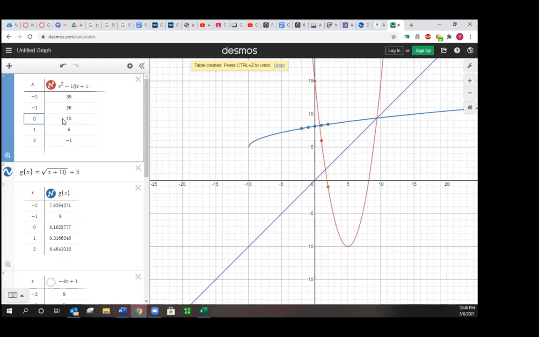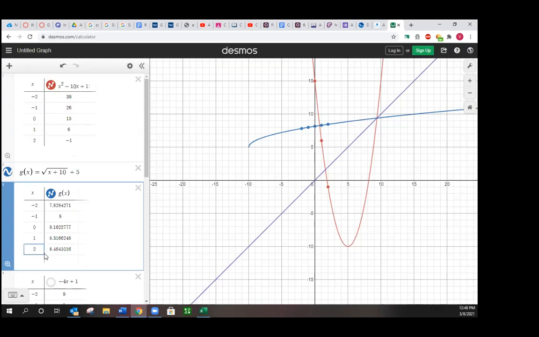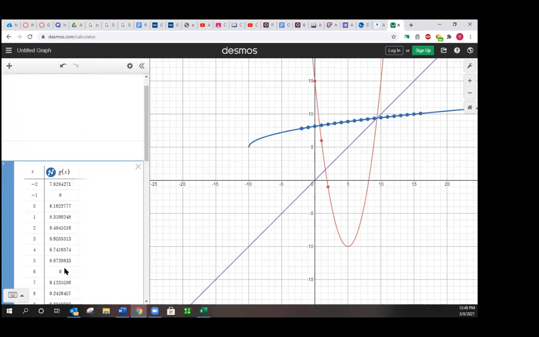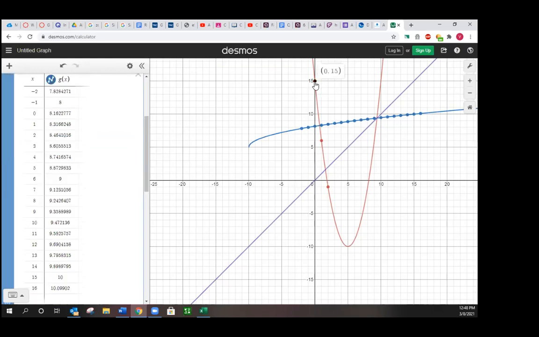All right, so right here, for 0, it's 15. So here, I'm going to want to go all the way to 15. And what should I see? Do I see that? No. So at 0, 15, that's right here, right? This part is not inverse of the blue part.